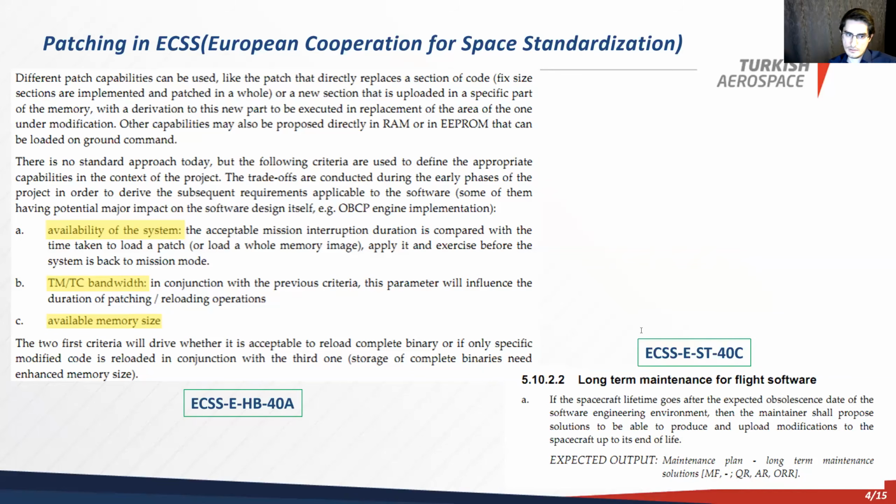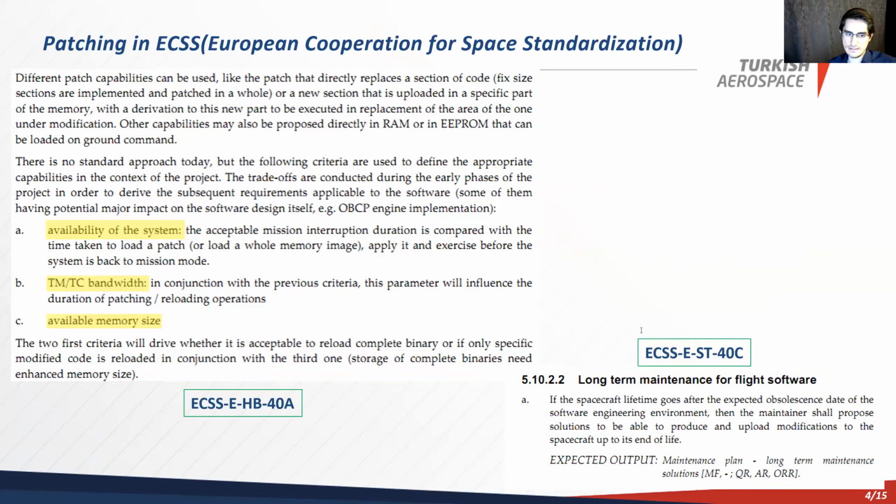And the second criteria is bandwidth, TMTC bandwidth. And the more bandwidth you have means the faster transmission that you will have. So this also helps us with speed. And our third criteria is available memory size. You cannot transmit an infinite amount of data to your satellite.